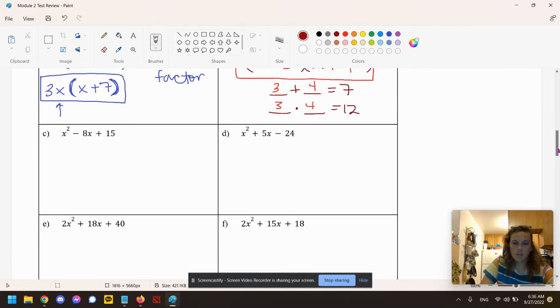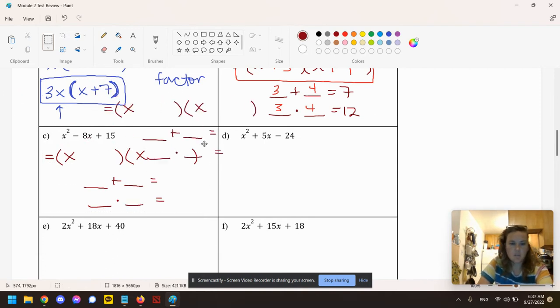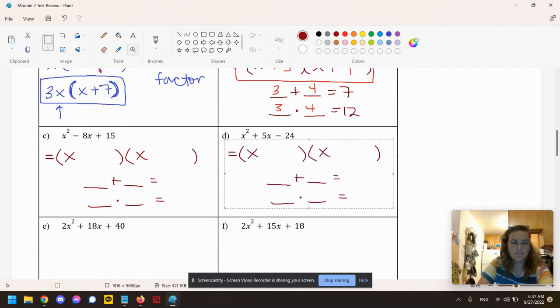So let's do it again. We're looking for this format: we've got two numbers that add to a certain number and two numbers that multiply to a certain number. To be honest, we're about to do this again, so I'm just going to copy and paste this right here.